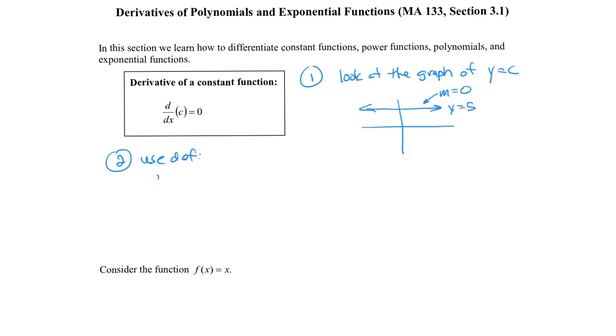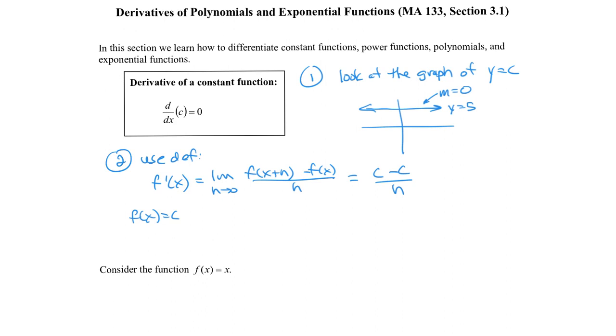You could say f prime of x equals the limit as h approaches 0 of f of x plus h minus f of x all over h. And if, let's say, f of x equals c, then when you plug all this in, you're going to get f prime of x equals, well, f of x plus h, if f of x is just c, f of x plus h is still just going to be c, minus c over h.